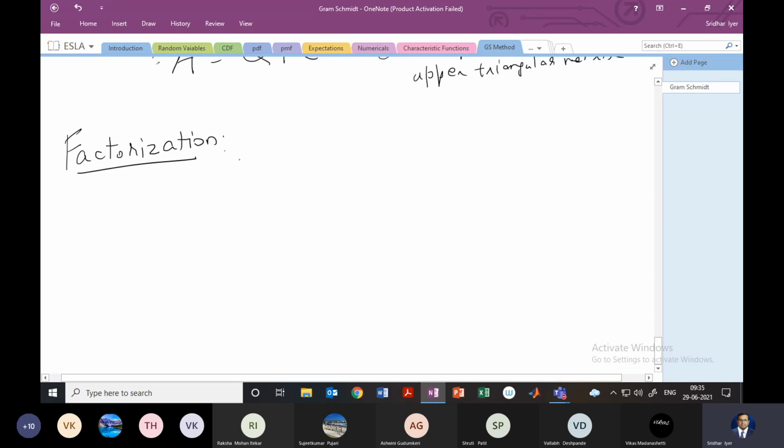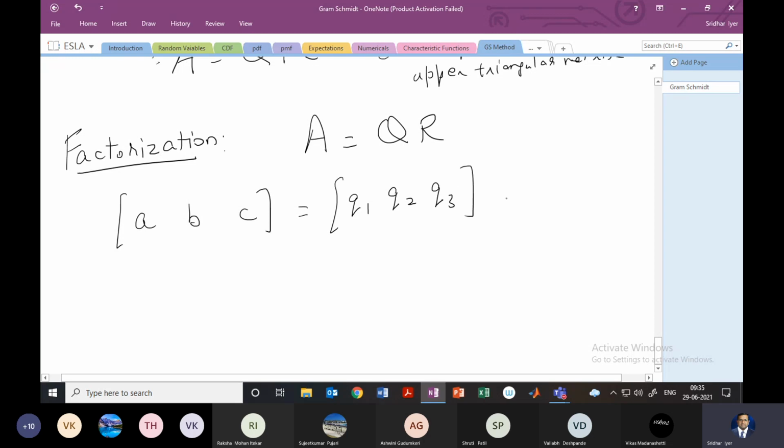Factorization, right? So we factorize in the form A equals Q into R, and this will be of the form A, B, C. I have written only A, B, C because we are given only 3 matrices. And this will be of the form Q1, Q2, Q3 because we have found only 3 orthonormal basis functions.